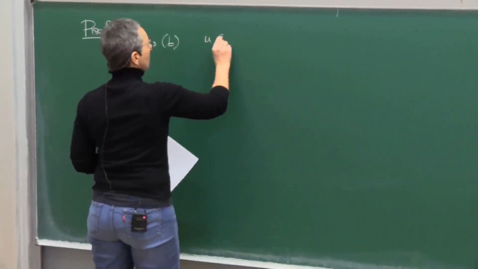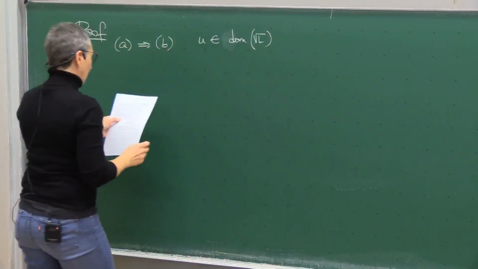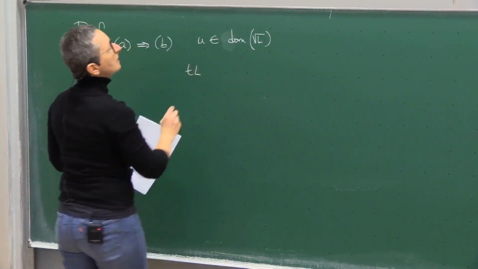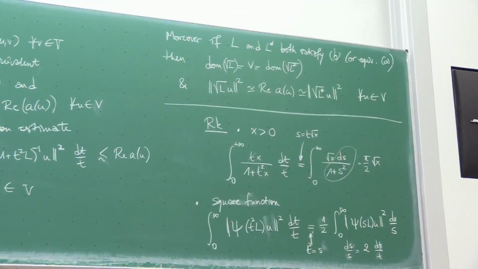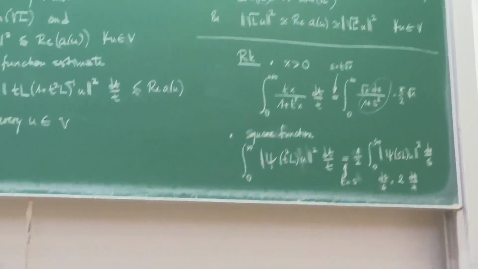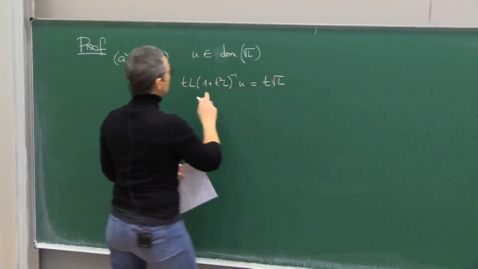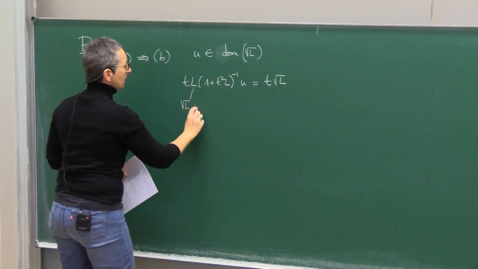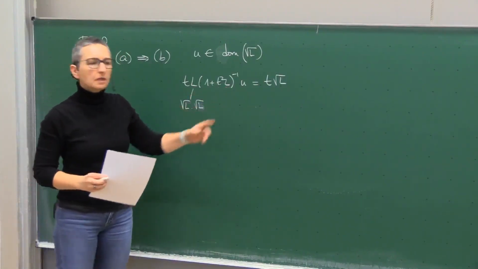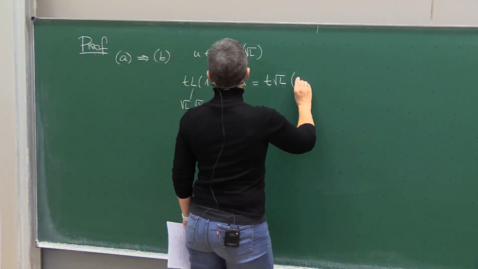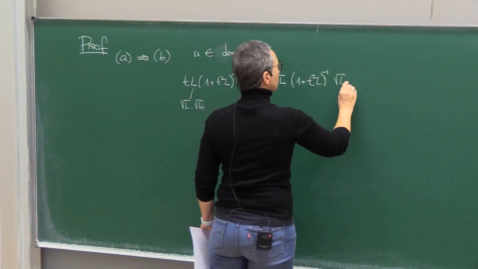So u is in the domain of square root of L. So what's in the integral? 1 plus t squared L inverse of u. This is what you write like this. So this L, you split it in square root of L times square root of L. The square root commutes with the resolvent. So this would give 1 plus t squared L inverse square root of L u.